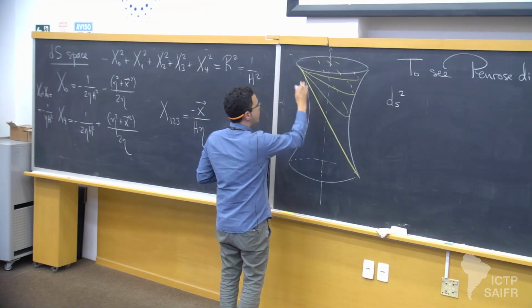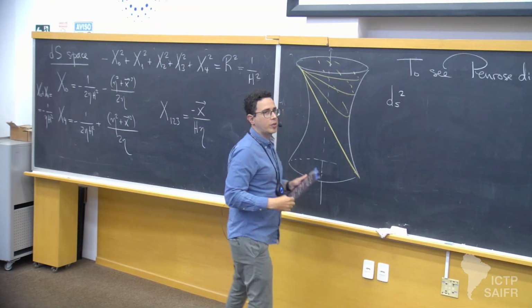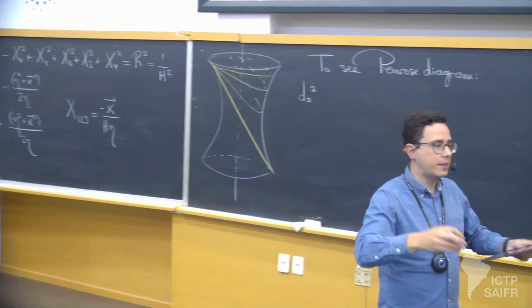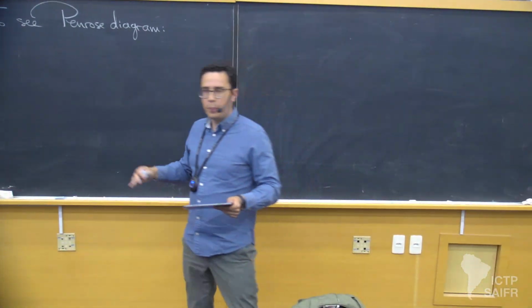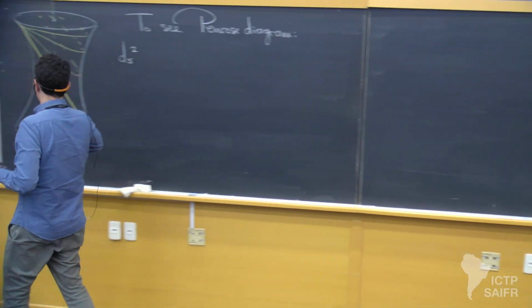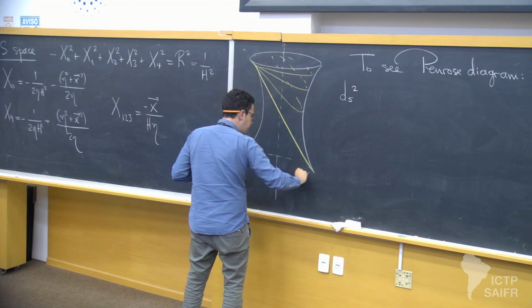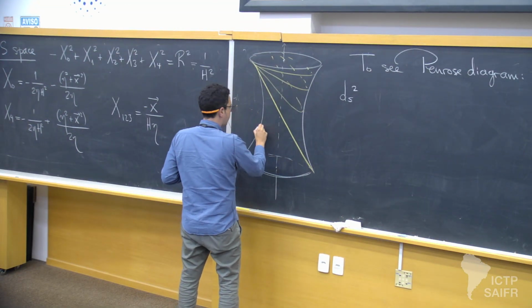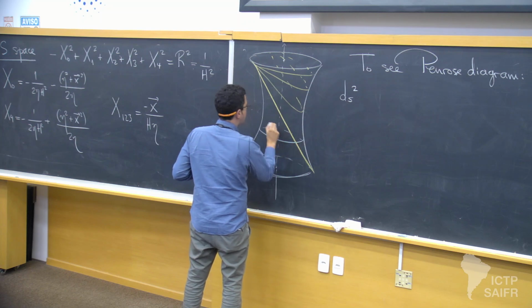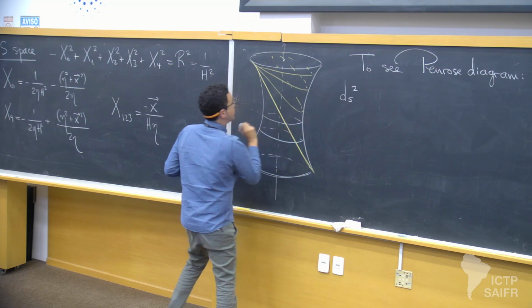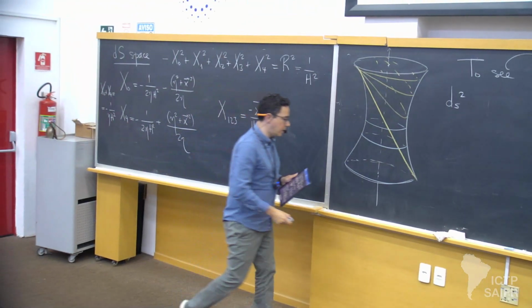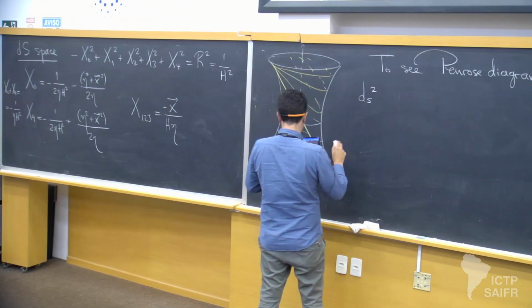So this you slice with planes. The de Sitter is so symmetric you can slice it in many different ways. You can slice with planes, with spheres, with hyperboloids. But with spheres it's nice because you cover the entire manifold. So you can take your time slices to be spheres like this. These are called global coordinates.